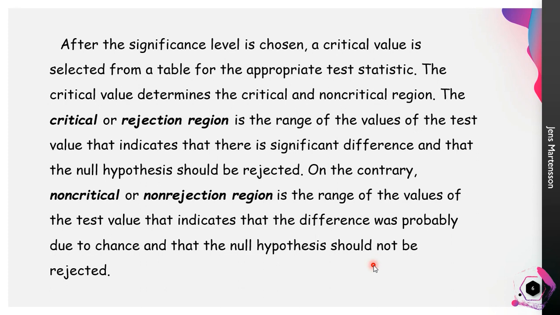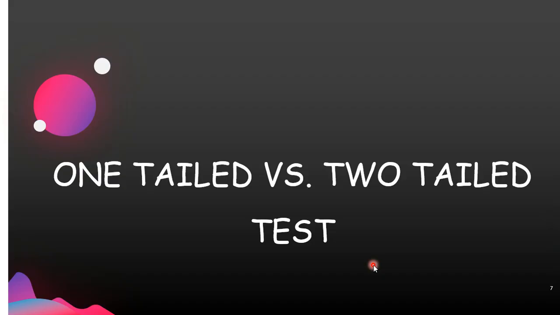Okay? So, yan po yung critical and then the non-critical region. Now, let's talk about one-tailed and then two-tailed test. Hindi lang po basta-basta na magdo-drawing ka and then you're going to identify which side of your normal curve yung nakalagay yung critical region.